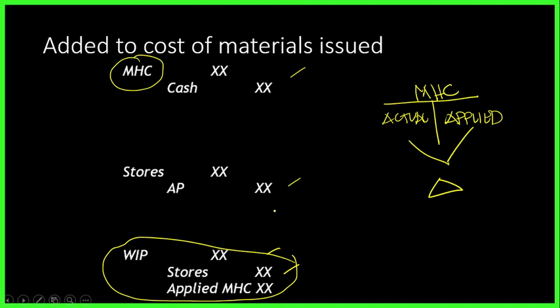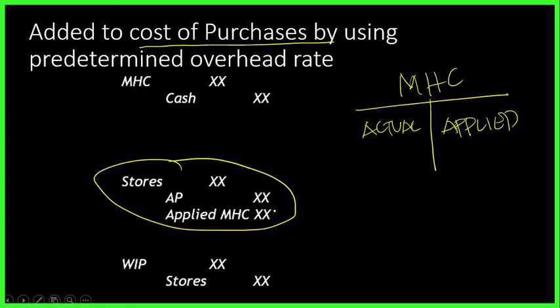So now you can visualize the difference in the application rate. But just like this one, there will be a difference in actual and applied. I'm going to discuss later how you treat that difference. Now, let's continue. Upon issuance, you make the standard journal entry: a debit to work in process and a credit to your stores account. Okay po?